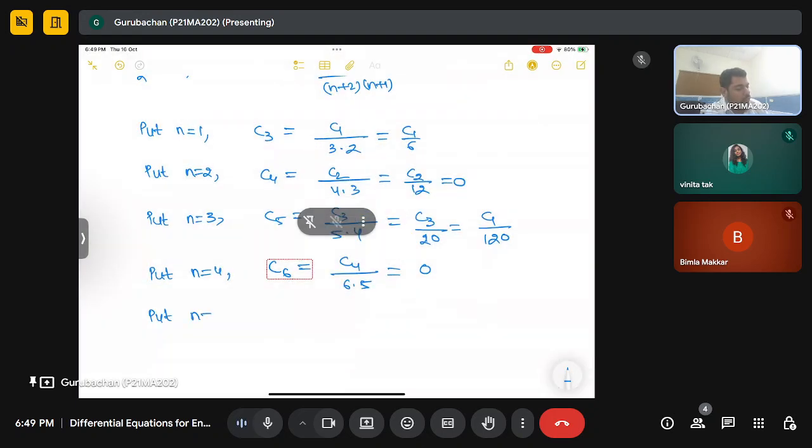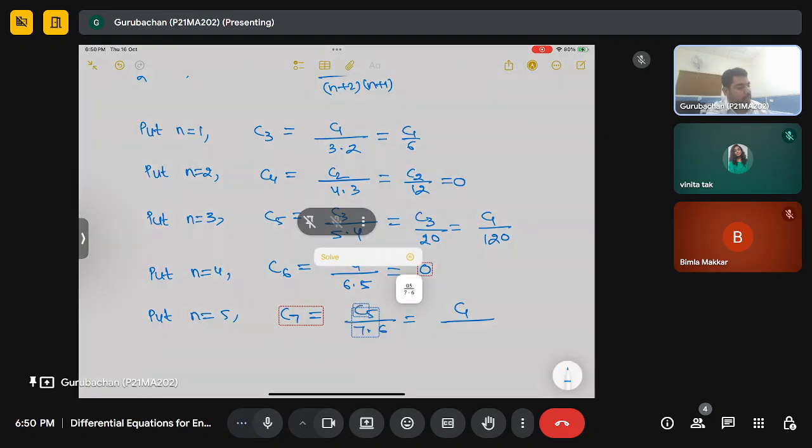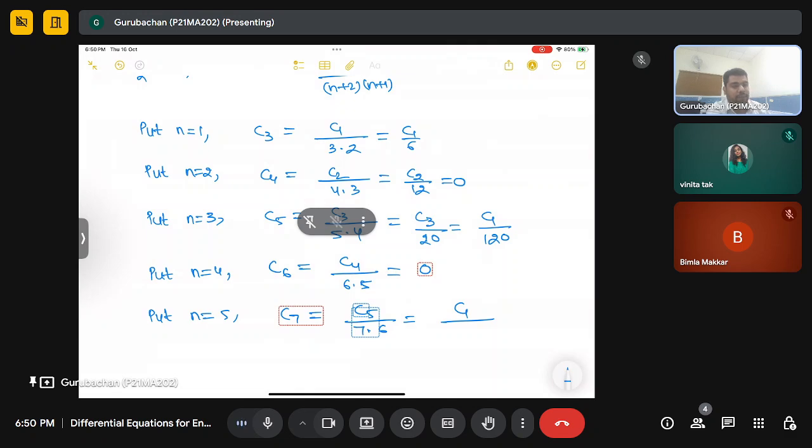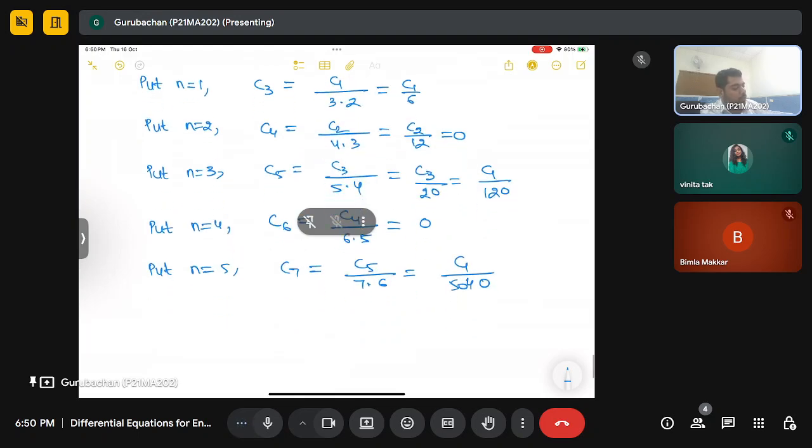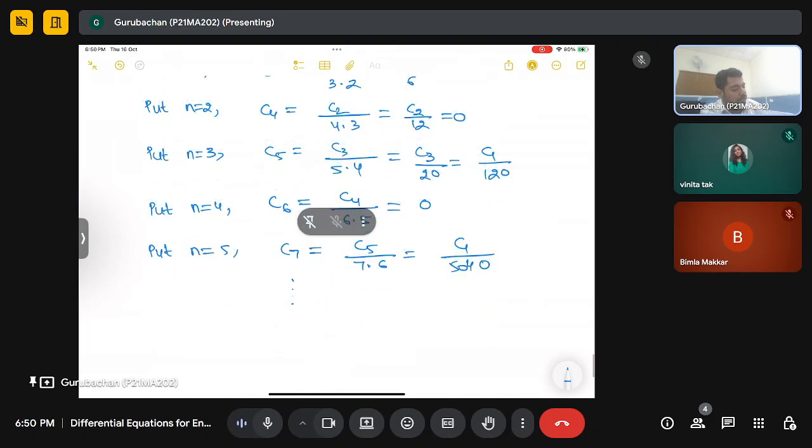Put n equal to 5, it will be C4 divided by 7 into 6, and C4 is C1 by 12, and 7 into 6 is 42, and you will multiply 42 into 12, so this will give you 504, I think.